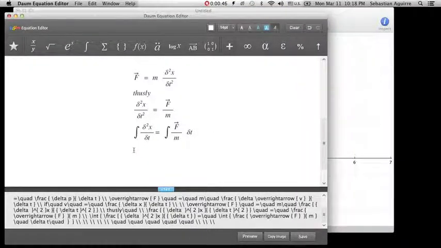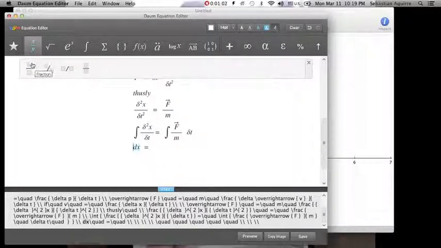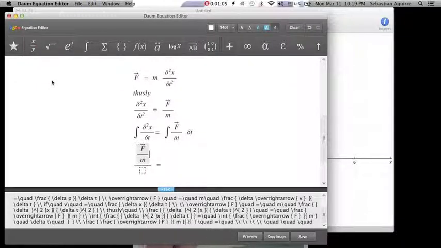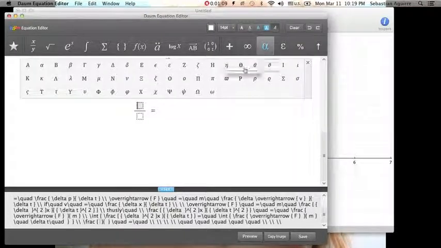Anyhow, so we get on the left side just a dx over dt. Oh, yeah, just a dx. I'm going to start learning the abbreviations for these.